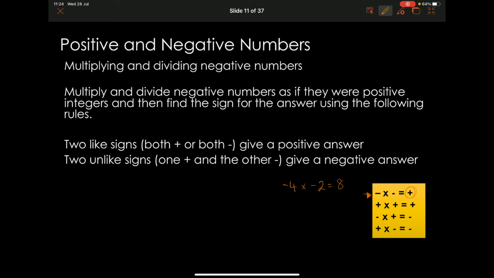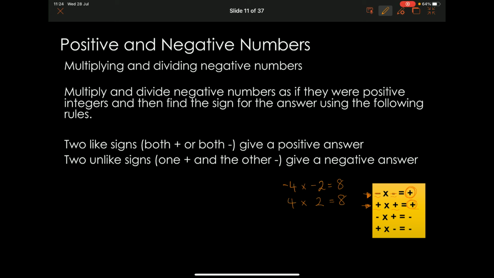If I multiplied two positive numbers together, like 4 times 2, my answer will also be positive. Okay, so if they're the same, can you see that? It's supposed to be both negatives. If they're the same, you get a positive answer. The same here. Both are positive, so you get a positive answer.